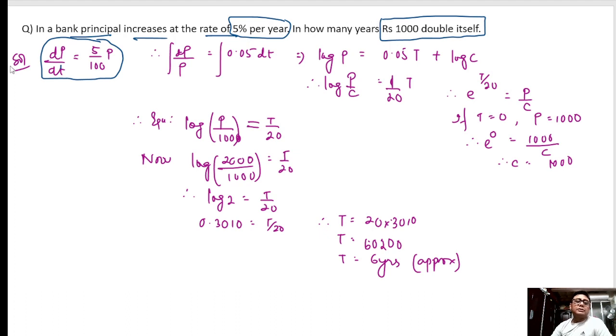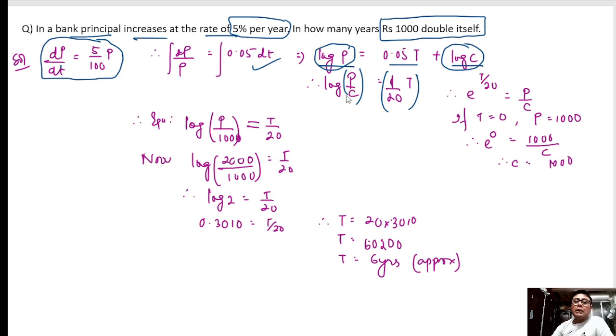Okay. So first of all, let us separate the p and the dt. Simplifying it, integral of 1 by p is log p. This is 0.05t plus log c. From here, what we see is, please watch here, this log p minus log c is actually log p by c, which is this.